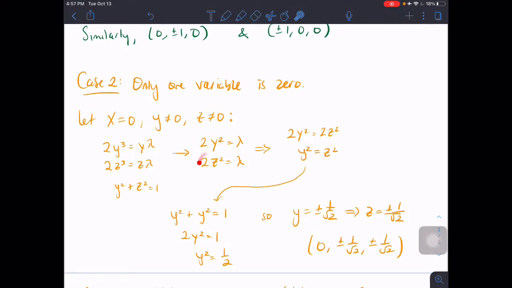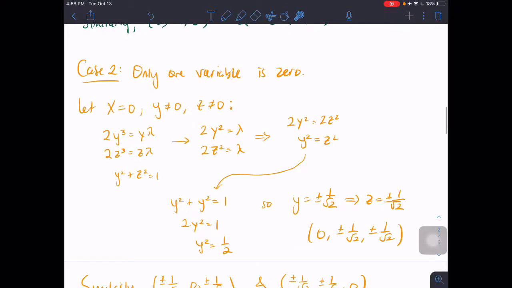These two are both equal to lambda, so then they're equal to one another. I divide by 2, and I'm able to get that y squared must equal z squared. And since I want to satisfy this third equation, I'm going to replace the z squared with a y squared. And so therefore we get 2y squared equals 1, which means y squared will equal 1/2.